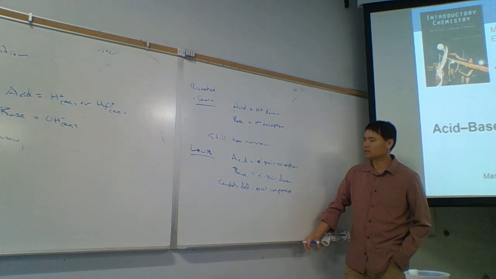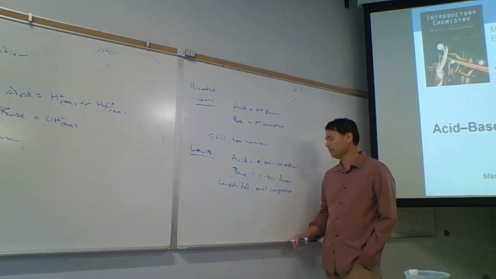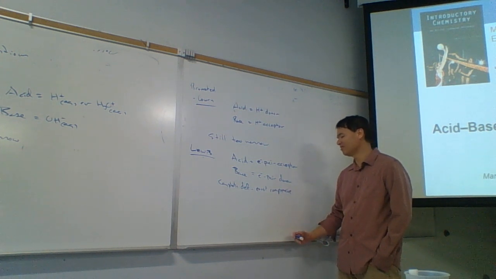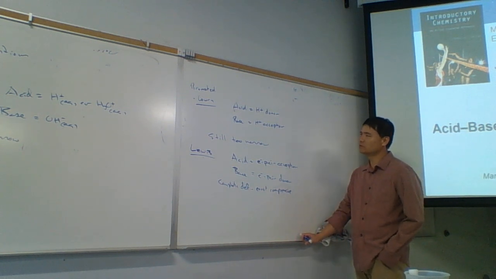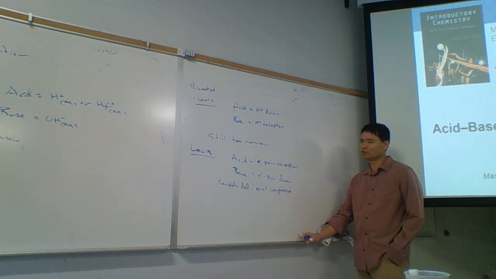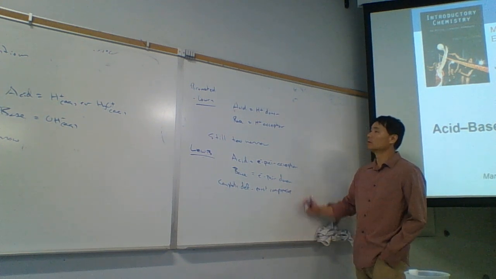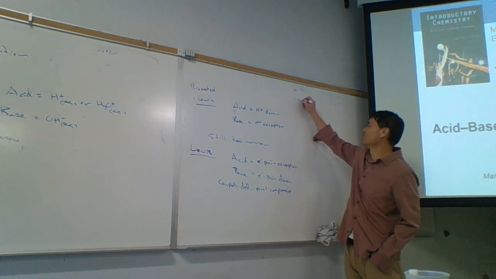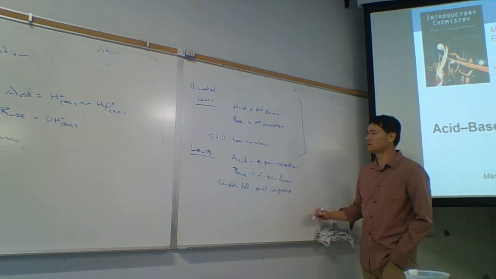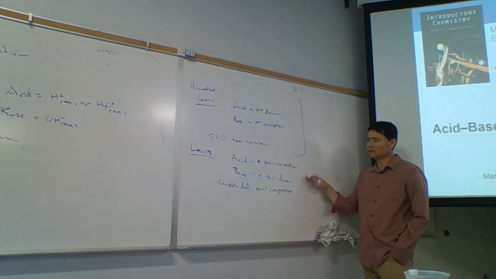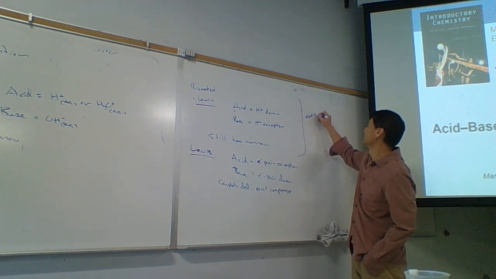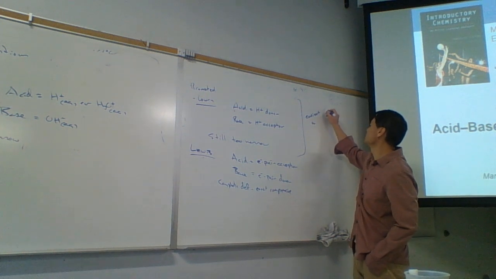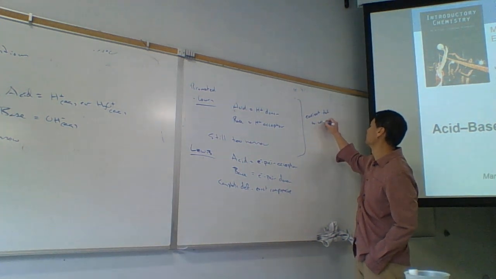But it turns out that it's the most comprehensive and most difficult to work with. And so what we're going to do is break down our acids into two subsets: the Bronsted-Lowry type acids, and then the rest. Bronsted-Lowry is the easiest definition to work with.